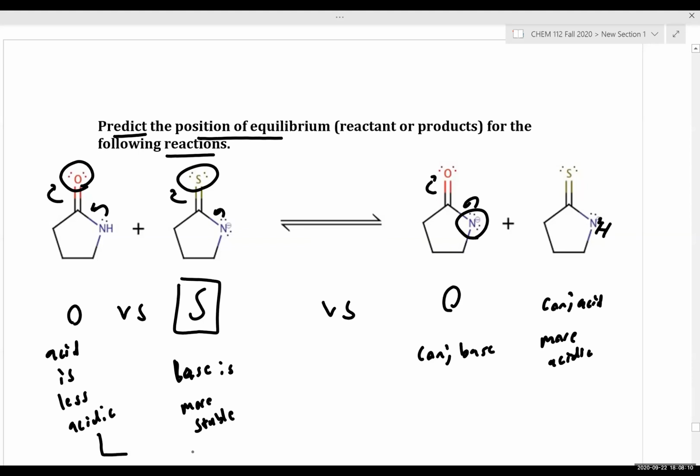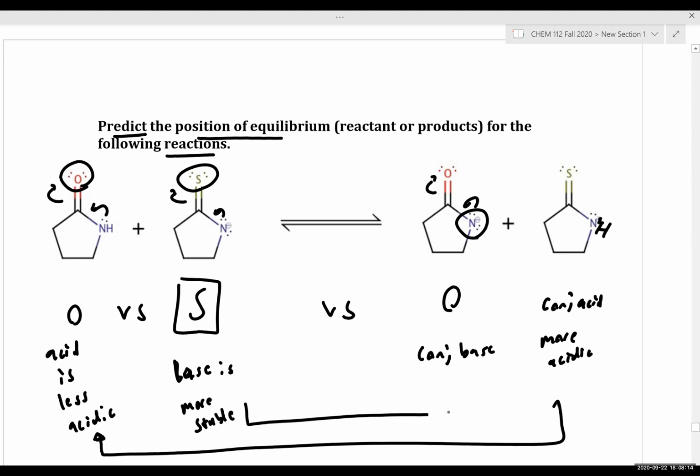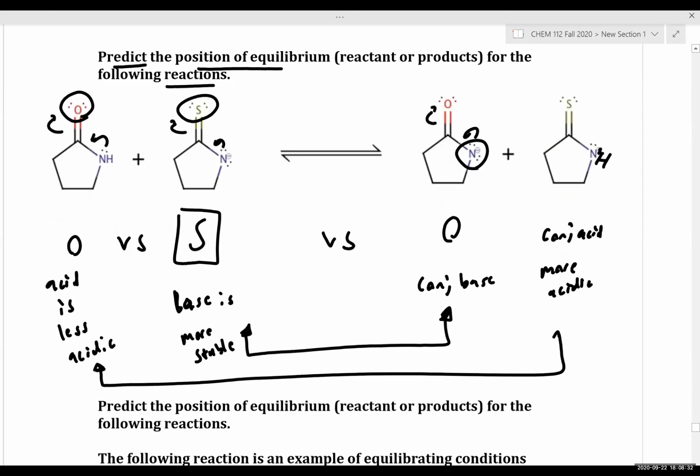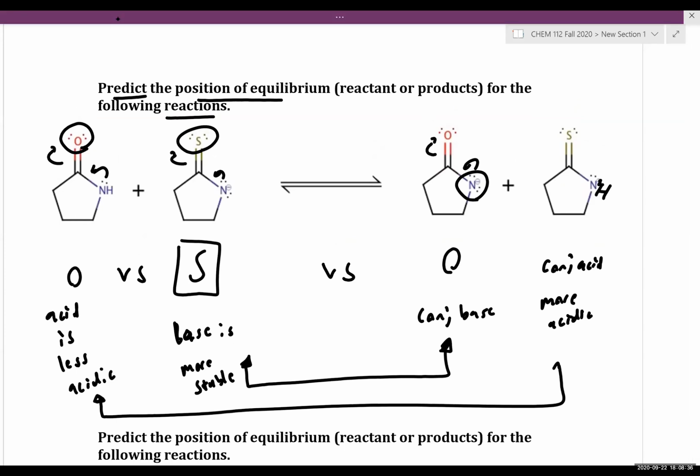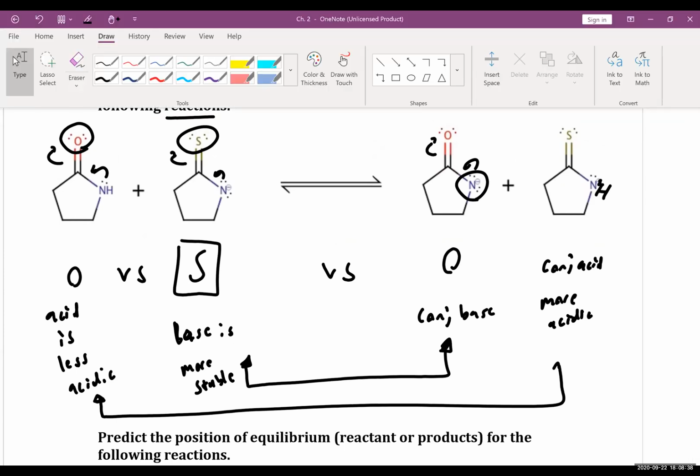So you're doing a head-to-head comparison between the base and the conjugate base and the acid and the conjugate acid. And because the product acid is more acidic, would we expect this reaction to be reactant or product favored?